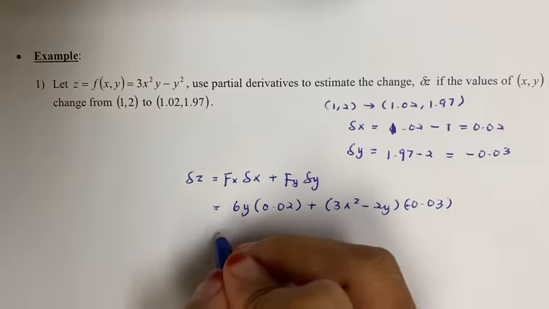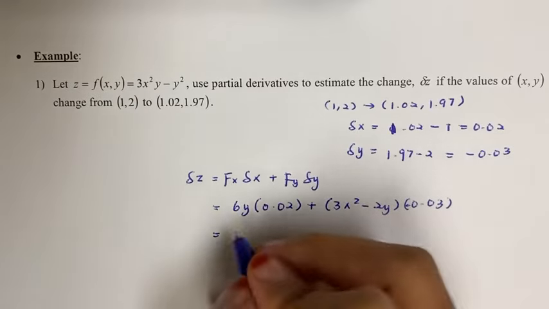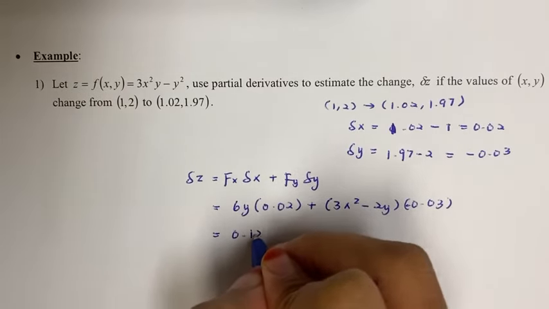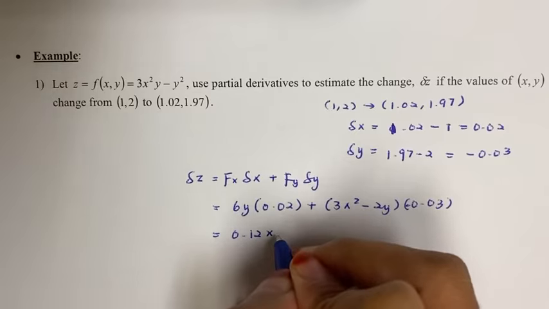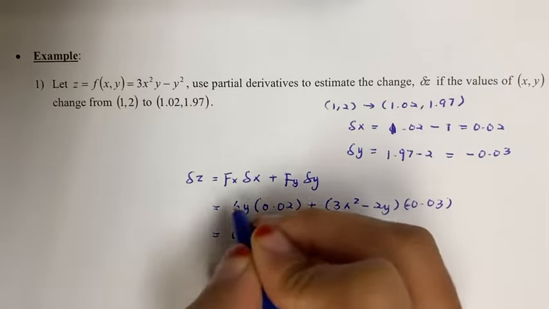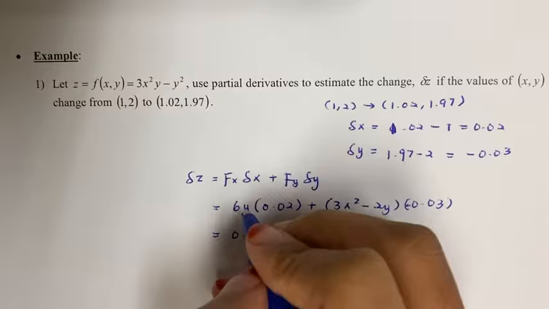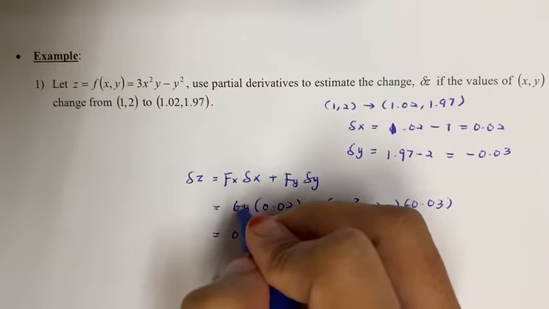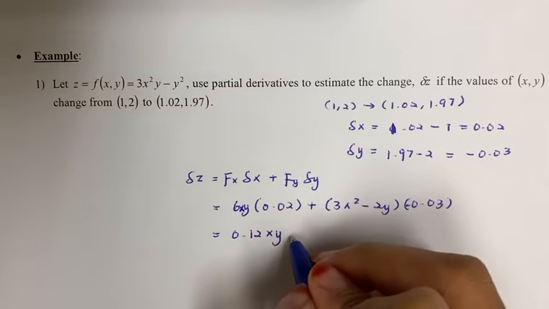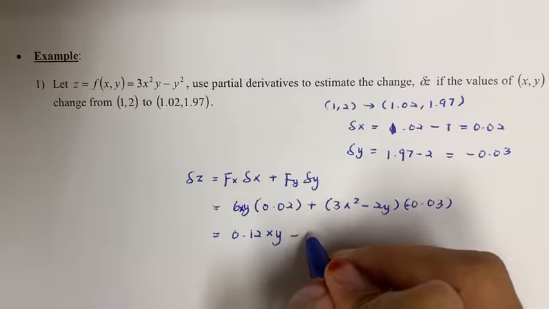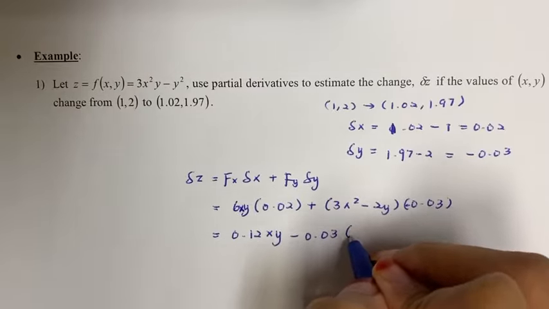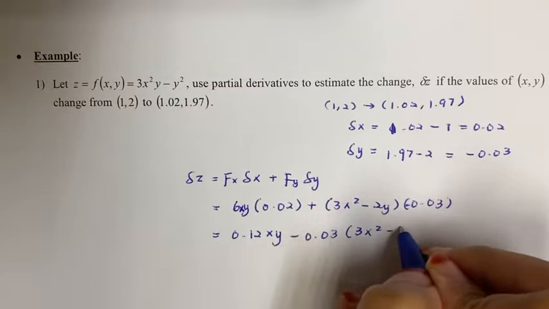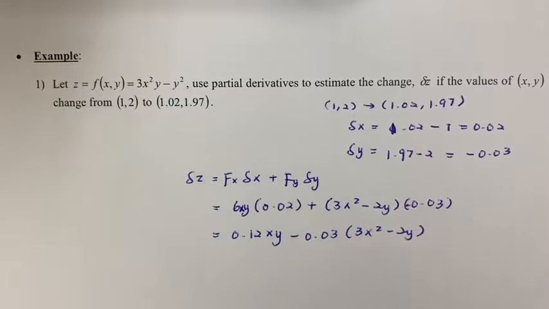So this is equal to 0.12xy minus 0.03 (3x squared minus 2y). You cannot just stop here.